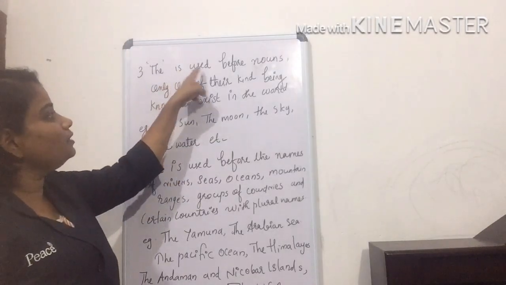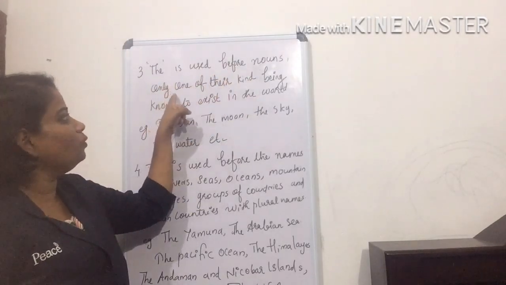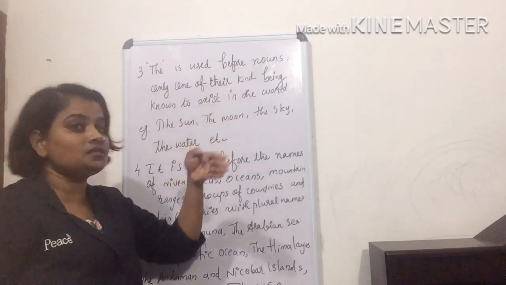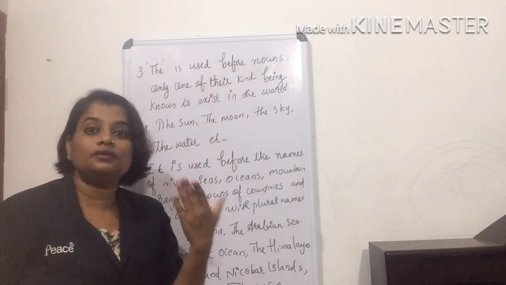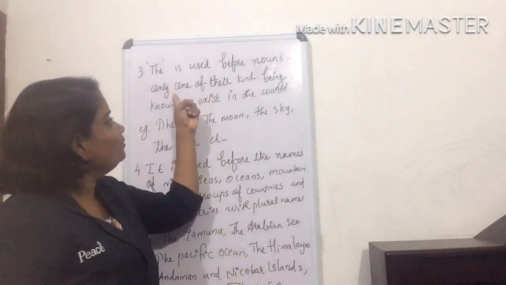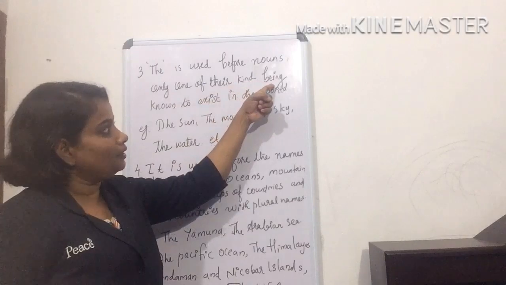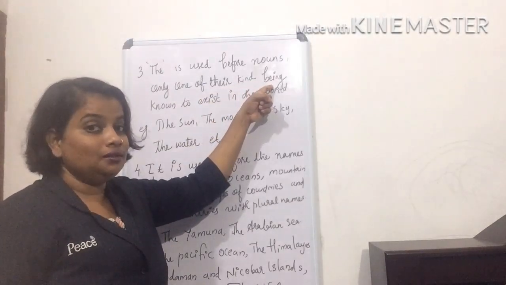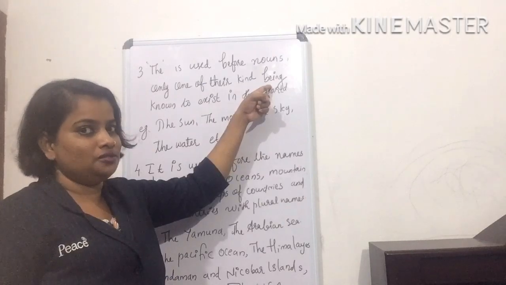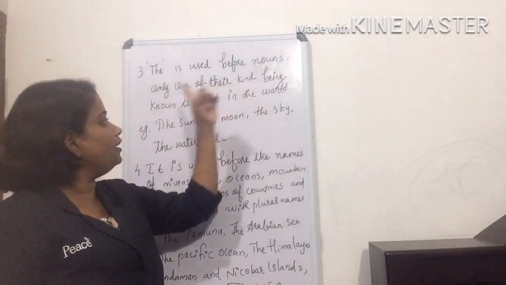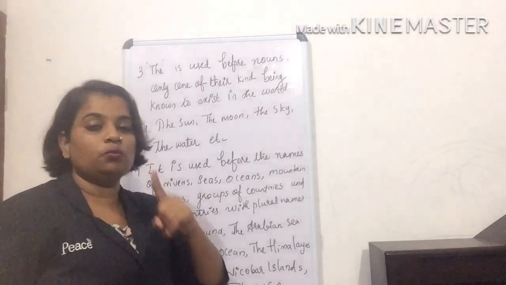Third, the is used before nouns of which only one of their kind is known to exist in the world, like a universal truth. We already know that we use the before nouns, but here the noun is the only one of its kind known to exist in the world.